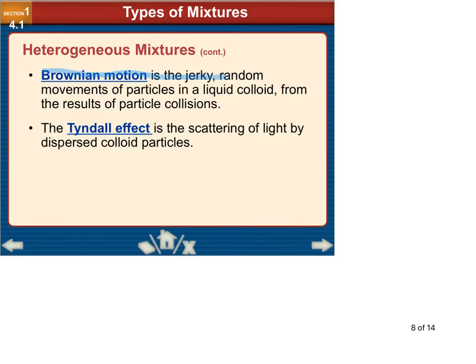Brownian motion is rapid, jerky movement of particles in a liquid colloid as a result of particle collisions. Particles collide and move around in a rather random fashion. That's called Brownian motion.